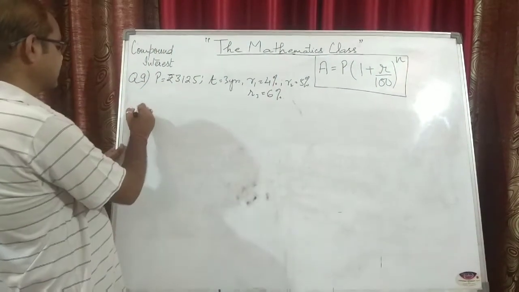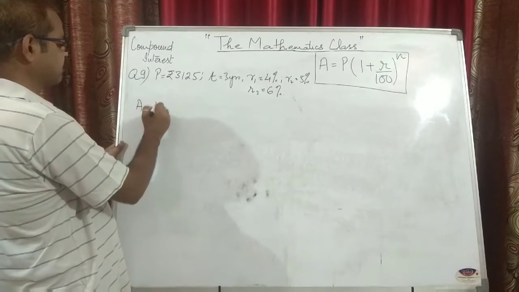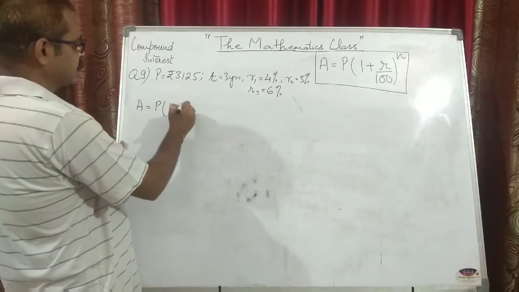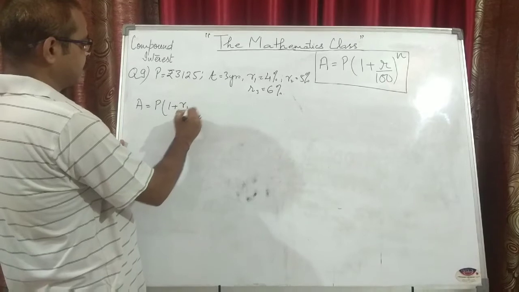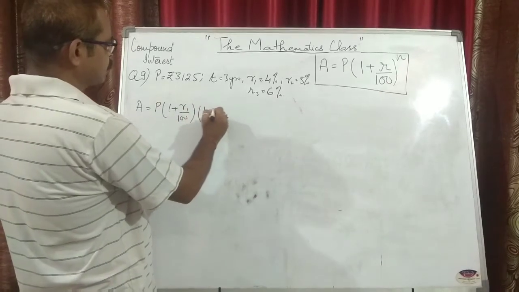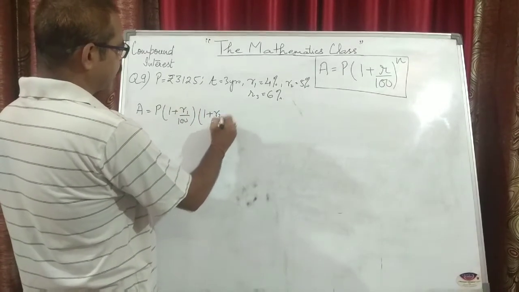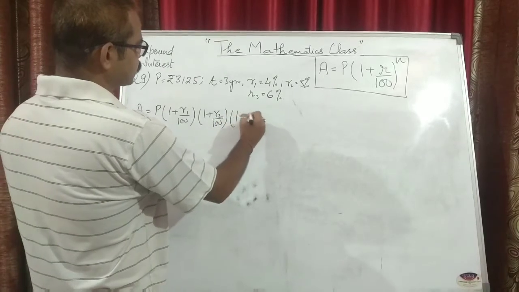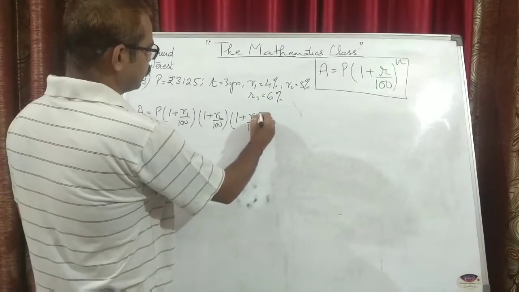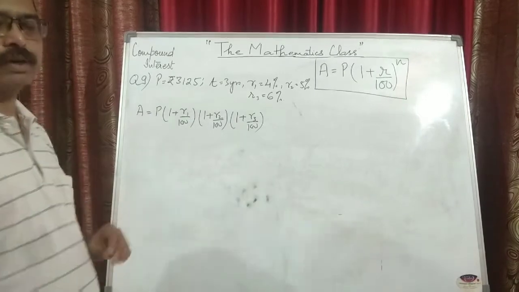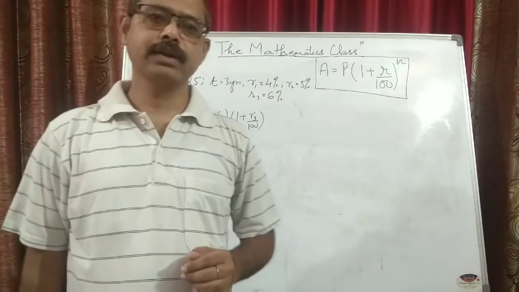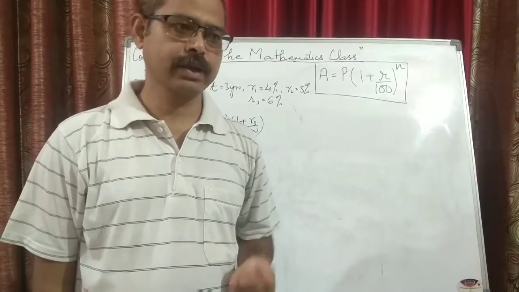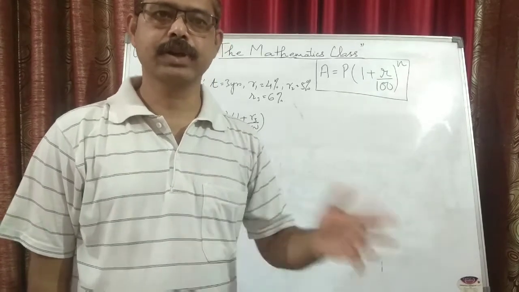So simply A is equal to, I'll write the formula first, P into 1 plus R1 upon 100 into 1 plus R2 upon 100 into 1 plus R3 upon 100. This is the formula we use when different rates of interest are given for different consecutive years.